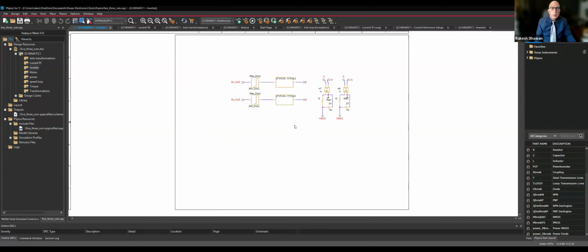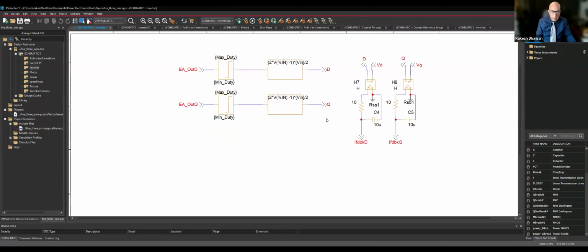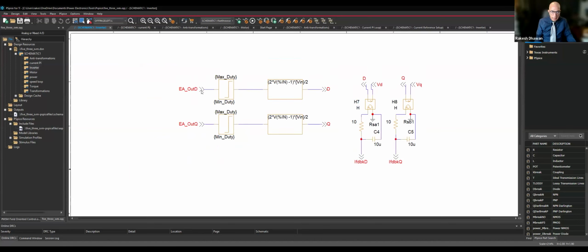This is where you can do a two-phase inverter, where you could actually convert the value coming from the D and Q current loops into duty cycle. And you can clamp the duty cycle between 0 and, let's say, 97%, and then convert that into your voltages.